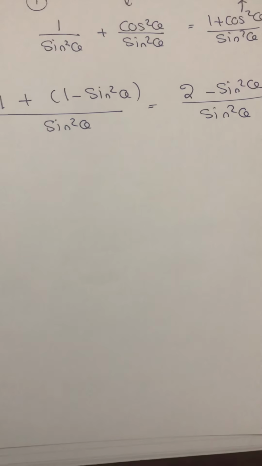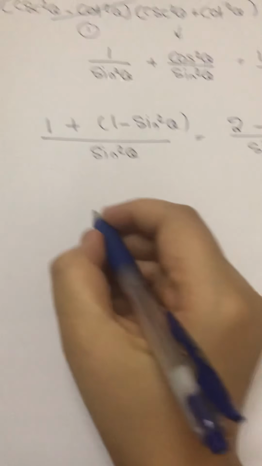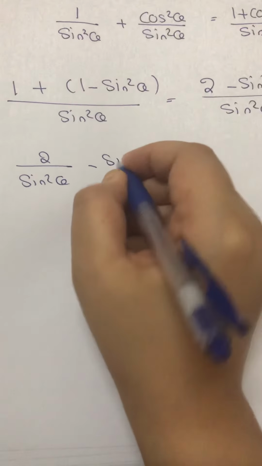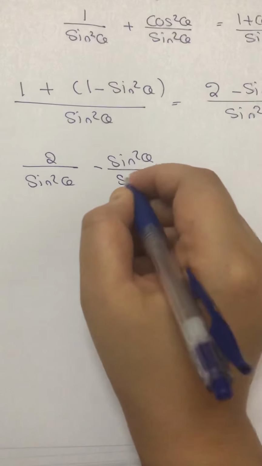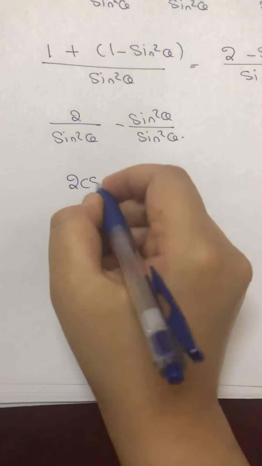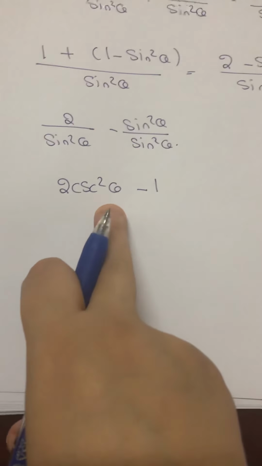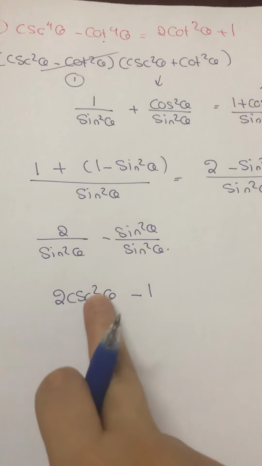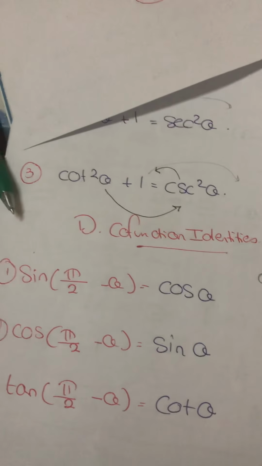Okay, and if I split this, I'm going to have 2 over sine squared theta minus sine squared theta over sine squared theta. And this is going to be 2 cosec squared theta minus 1. But my answer is not 2 cosec squared theta, it's 2 cotan squared theta. But I can change a cosec to cotan easily using this identity again.